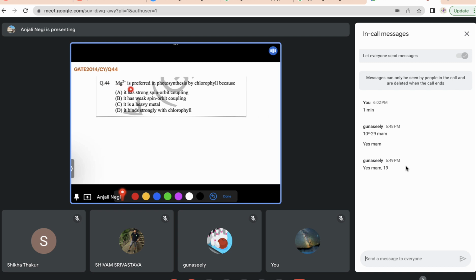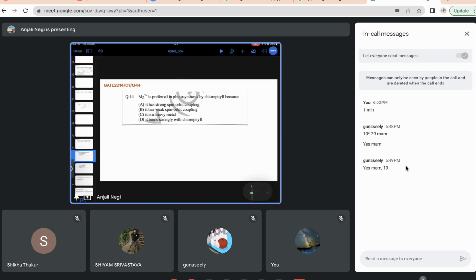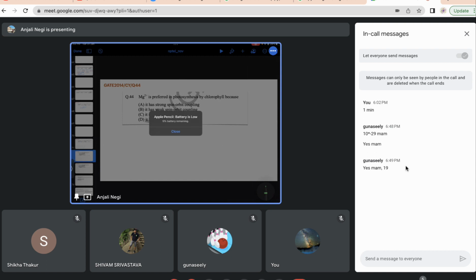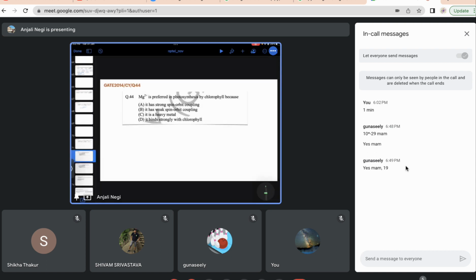So, magnesium 2 plus is preferred in photosynthesis by chlorophyll because... these were the 4 options. Does any of you know the correct answer for this?